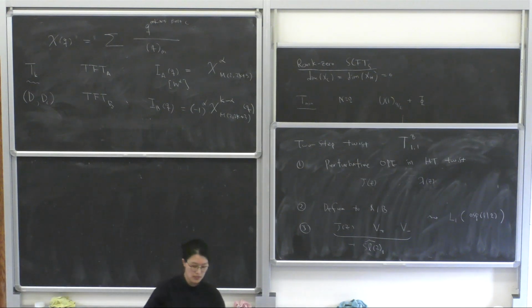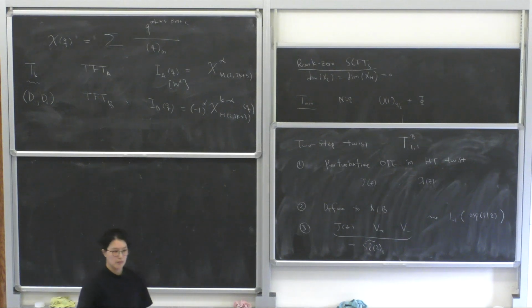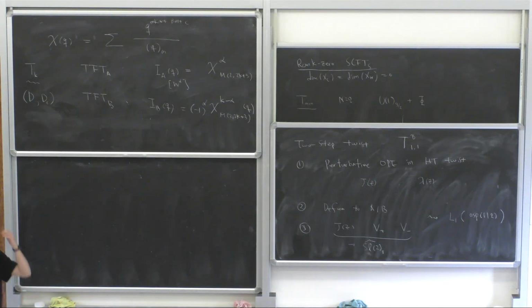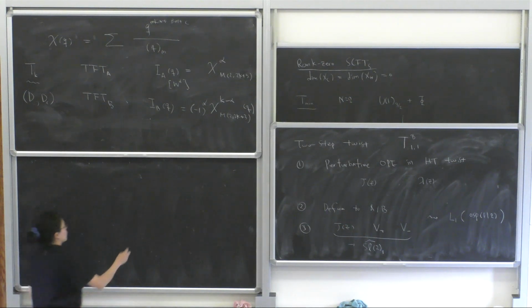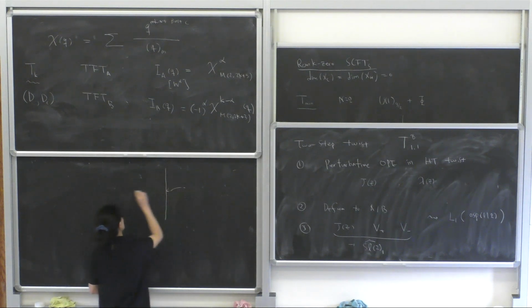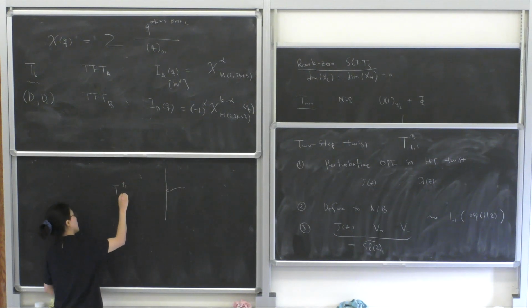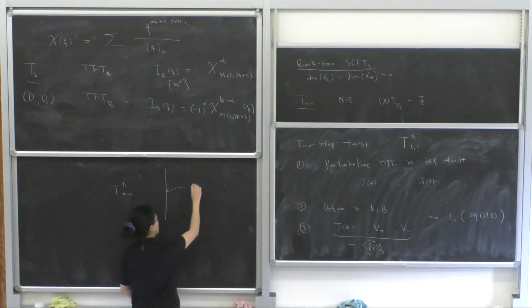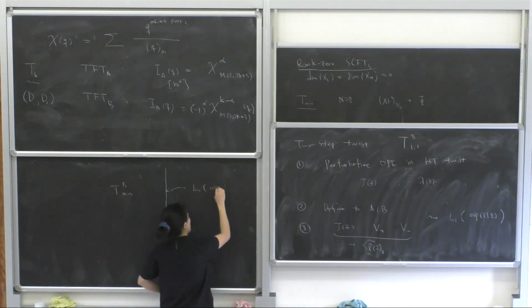This theory is not invariant under parity, as you can infer from the fact that the theory has a Chern-Simons level; it distinguishes left and right boundary. So far we have been talking about the right boundary condition, and we haven't actually seen that the boundary of the T-min theory supports L1 of OSP(1|2).